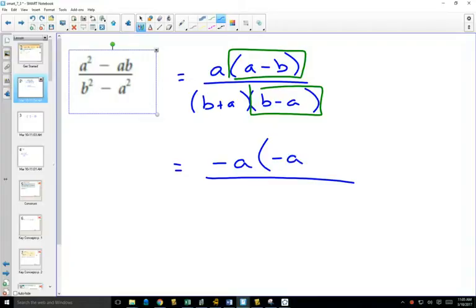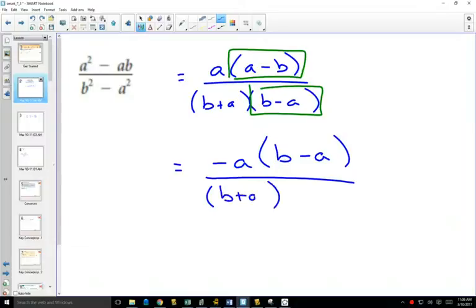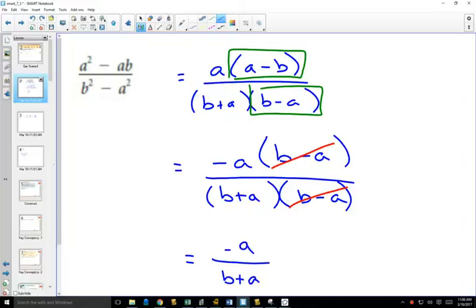If I take a negative 1 out of a negative b, I'll get positive b. And negative a plus b is the same as b minus a. Can you see that by taking that negative out, I now have two factors that are identical? And so now we still have a single fraction, but our fraction is simplified because we were able to factor and cancel out a factor.